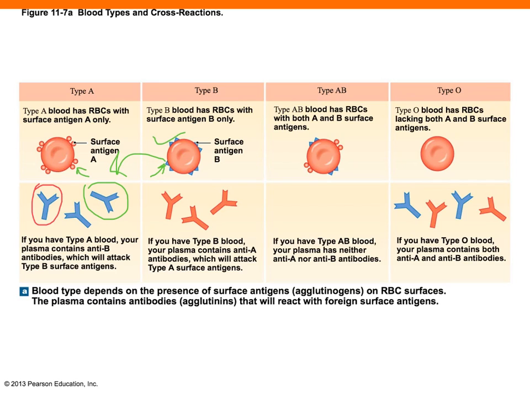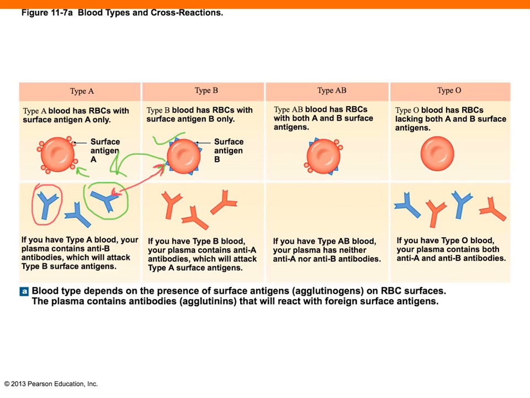As you can see, they fit. Look at it. You see the little receptor that looks like a triangle here? That can fit around that surface antigen very nicely, and it would clump it up. The correct term would be that agglutination would take place. So it would clump up, and that can hurt the recipient for sure.